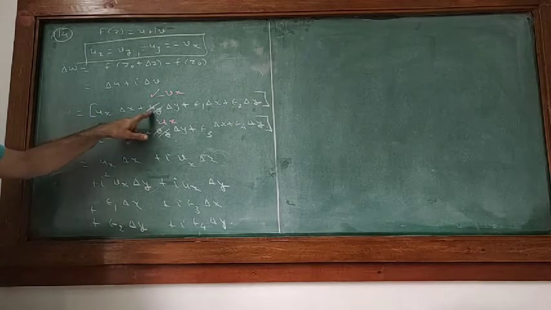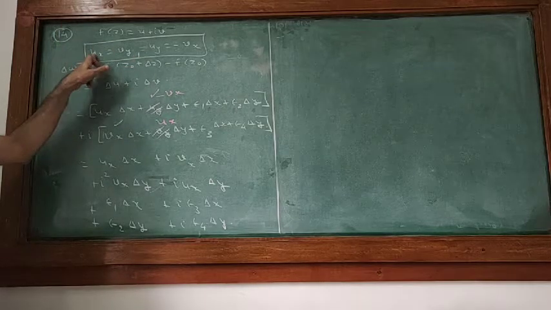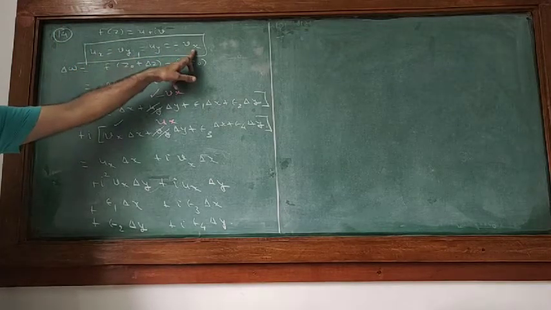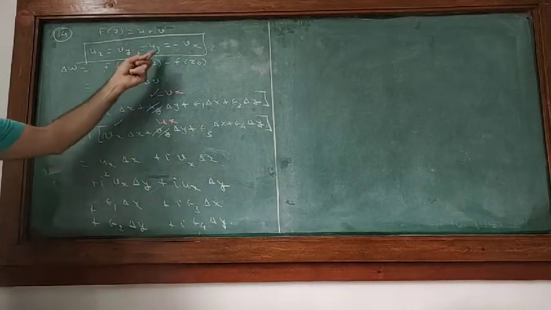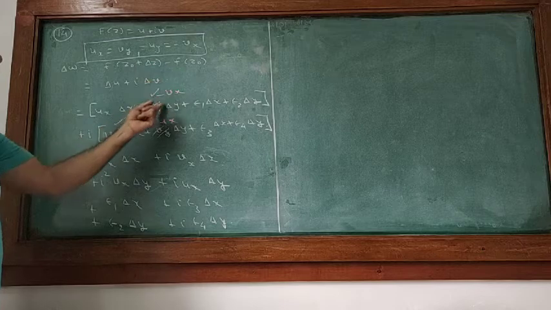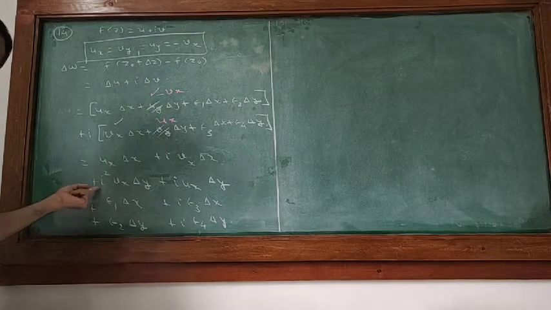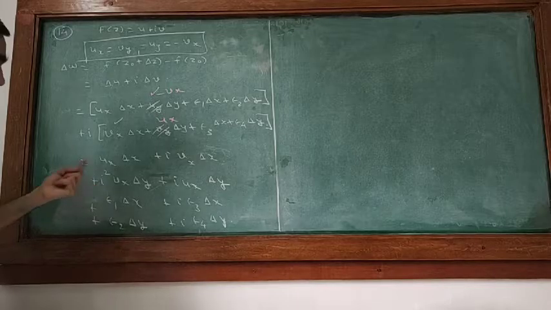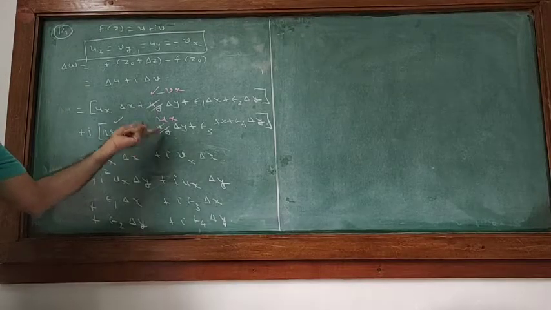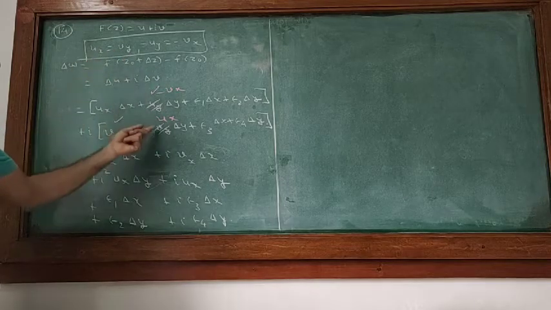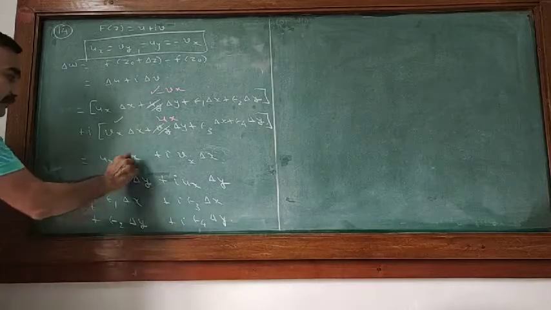First I convert this equation in ux and vx. This value is uy, and here it is minus vx. Minus vx is i squared vx. Clear? And in this equation it is vy. I convert vy into ux. Yes, it is ux. Now I am taking delta x in common.